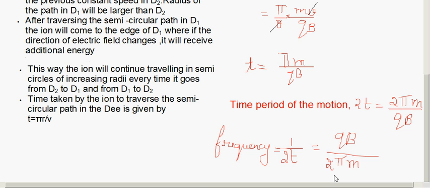This frequency we call the cyclotron frequency, which is independent of the radius of the semicircular path and also independent of the velocity of the charged particle. If you see the frequency, this is known as cyclotron frequency, and the important thing is it is independent of the radius of the semicircular path and also the velocity of the charged particle.